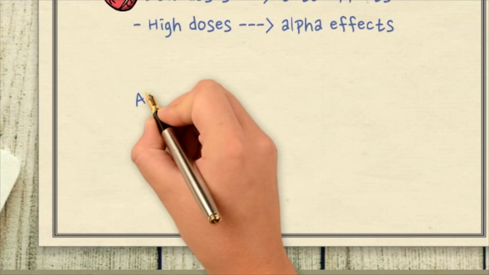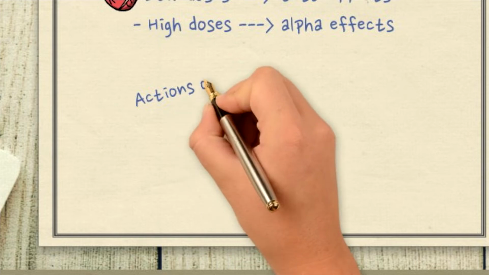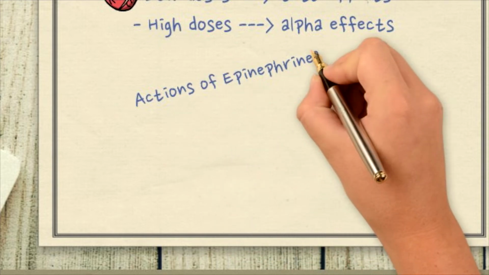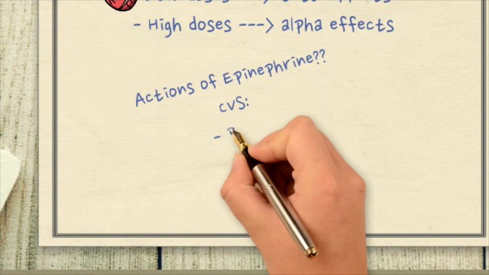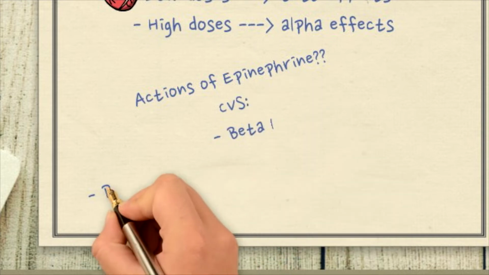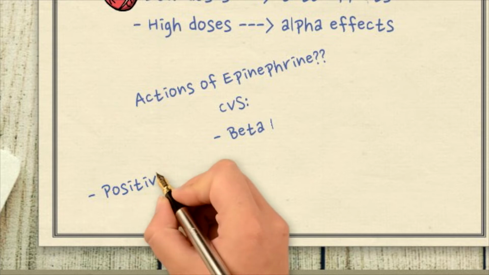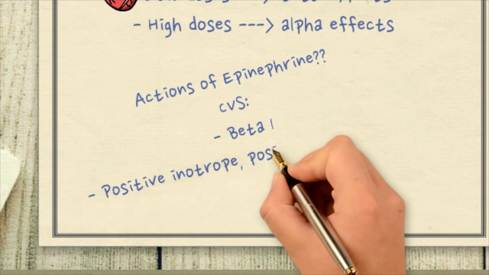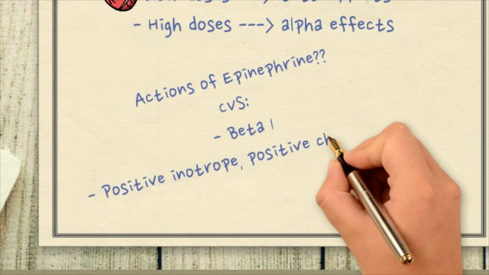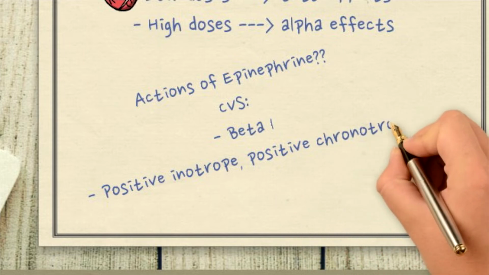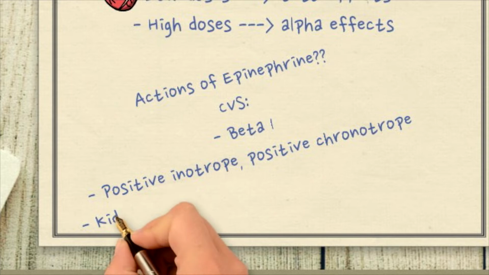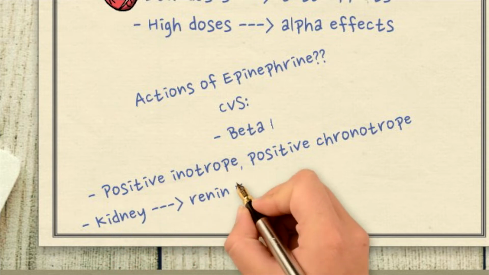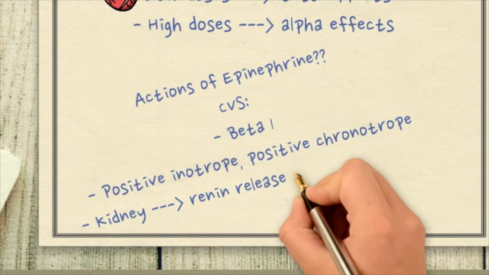So, what are the actions of epinephrine? The actions of epinephrine are majorly on the cardiovascular system. These actions on the cardiovascular system are via beta receptors, beta 1 receptors. Epinephrine produces both positive inotropic and positive chronotropic effects, meaning epinephrine strengthens the contractility of the myocardium, which is positive inotropic, and it also increases the rate of contraction, which is positive chronotropic.